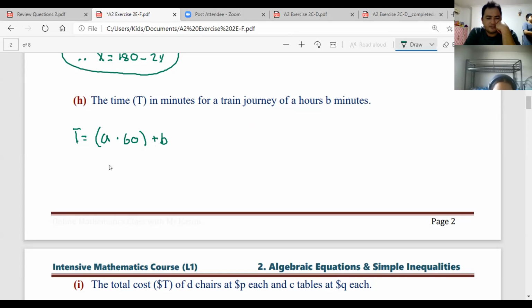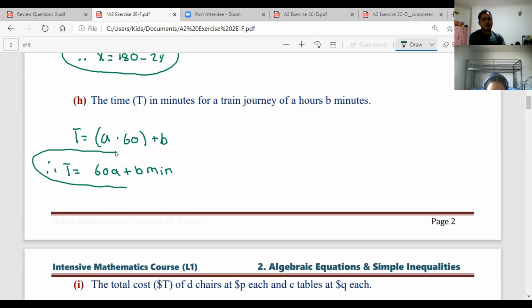Now let's rewrite this in standard form, because we need to write the coefficient 60 in front of the A variable, plus B. So T equals 60A plus B minutes. Is that correct? Yeah, very good.